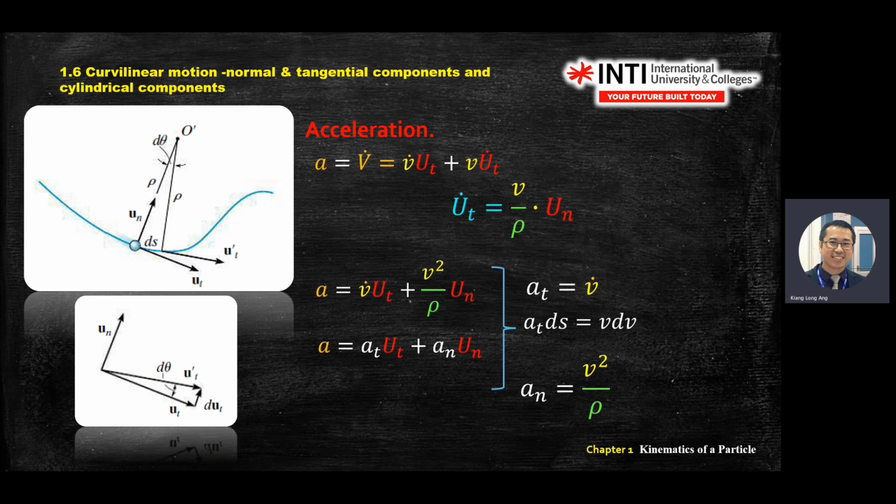Your an equal to this one: an equal to velocity squared divided by radius. Okay. How to get this one? You still remember?